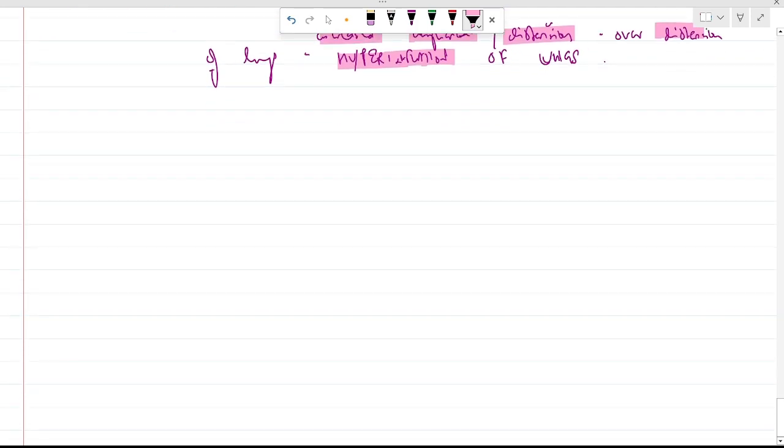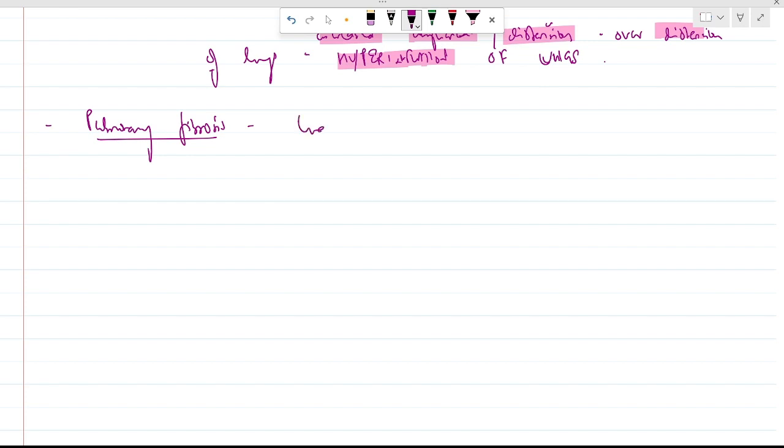Okay. Now the second clinical example: pulmonary fibrosis. First we saw emphysema, now pulmonary fibrosis.